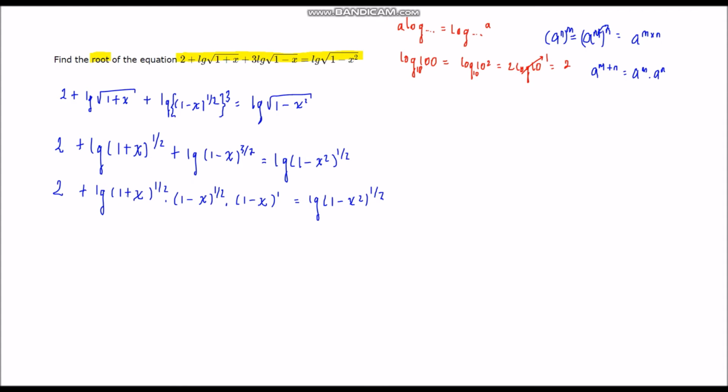Okay, now why did I do that? Because now, as you can see here, these two are like 1 plus x and 1 minus x. They're differences of two squares, and there's a formula for that, which is this formula right here: a squared minus b squared is equal to a plus b times a minus b.